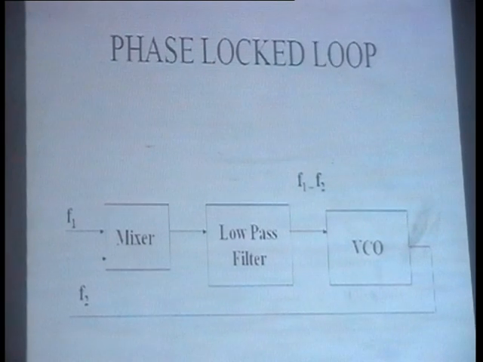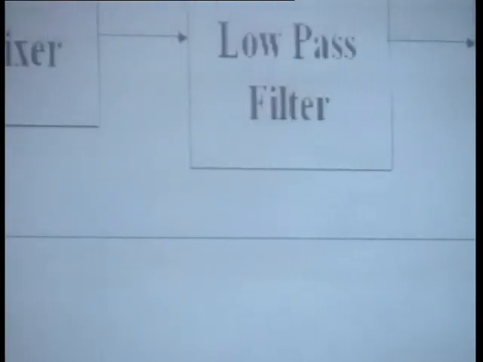The low pass filter will pass the low frequency signal, that is F1 minus F2. That is given to the VCO. The VCO, depending on the error signal, will change the frequency, because in a VCO the output frequency is proportional to the input voltage. So if I have more error, more voltage, then my frequency is updated until F1 and F2 are equal.